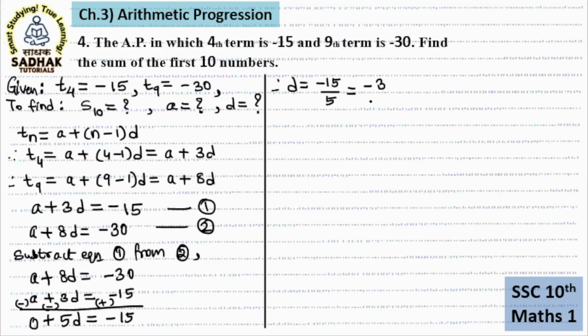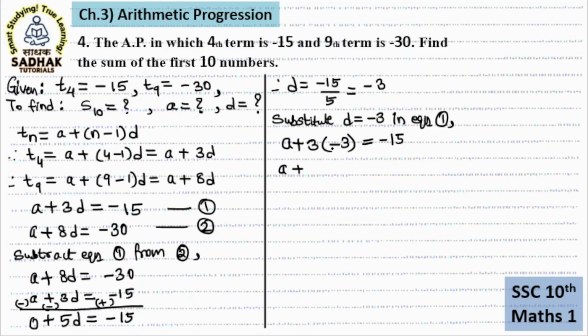Now let us substitute this value, D is equal to minus 3, in any of the equations. Let us put it in equation 1. Our equation 1 is A plus 3D is equal to minus 15. Now D is minus 3, so I am directly writing A plus 3 times minus 3 is equal to minus 15. 3 multiplied by minus 3 is minus 9.